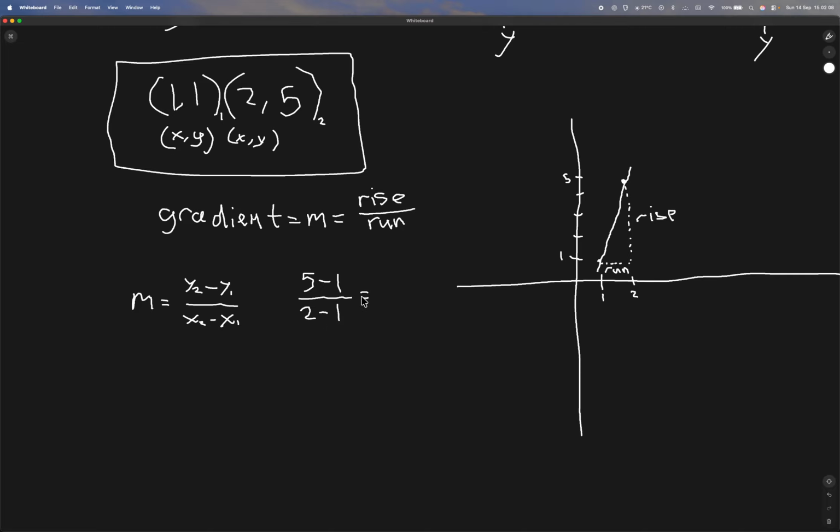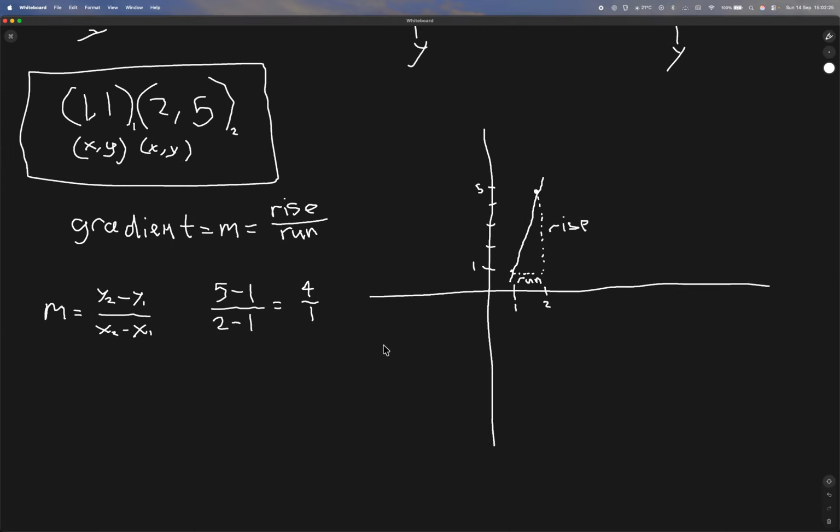It's equal to 4 over 2 minus 1, which is 1. Okay? So, pretty easy. Let's try another one.